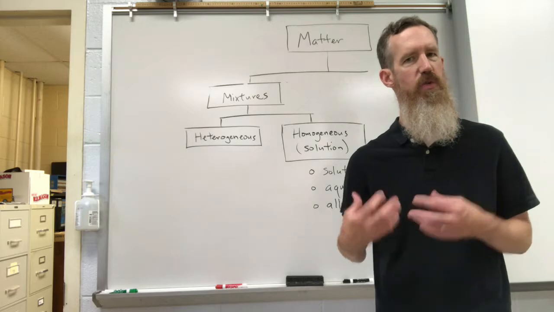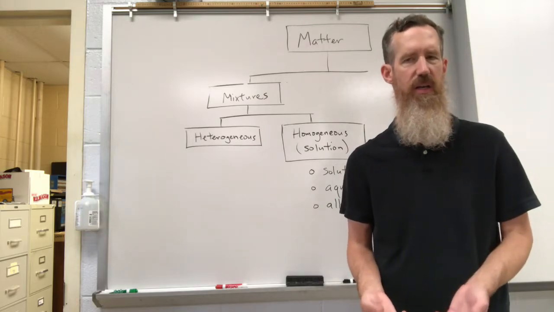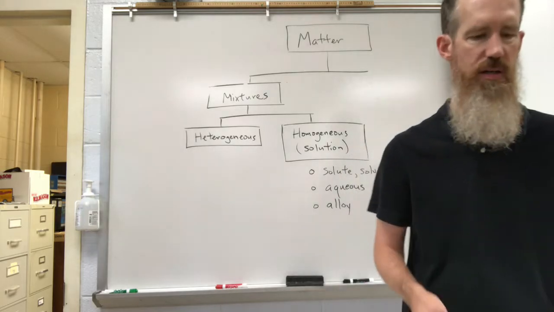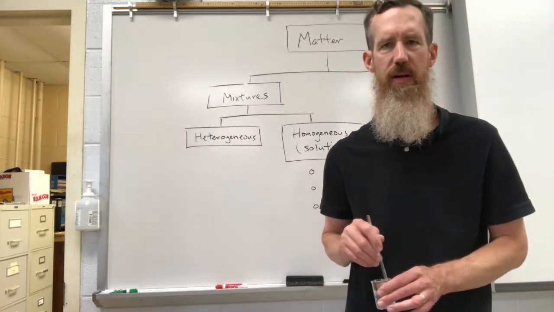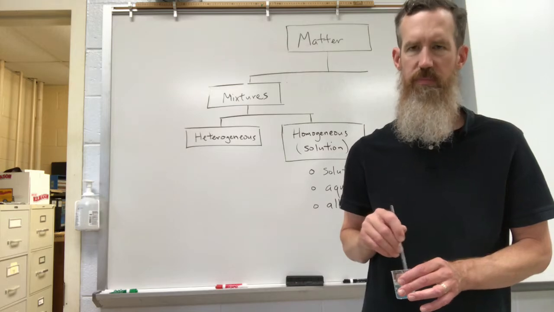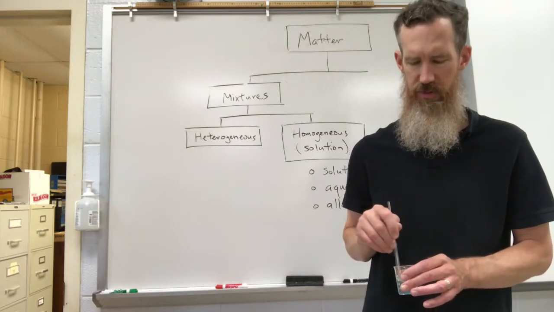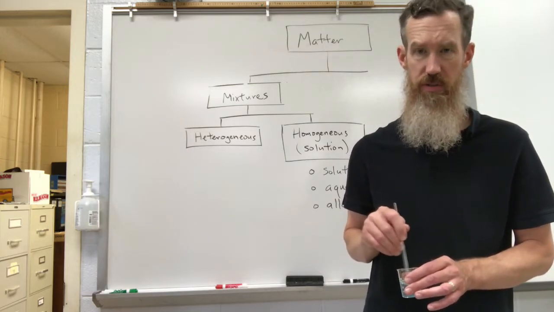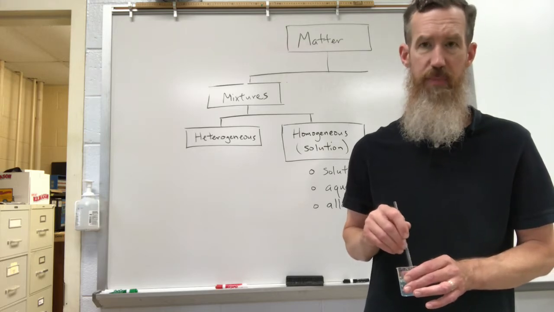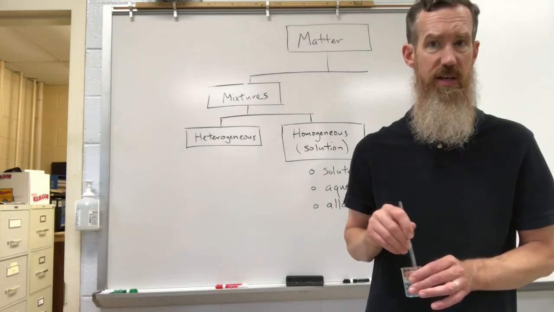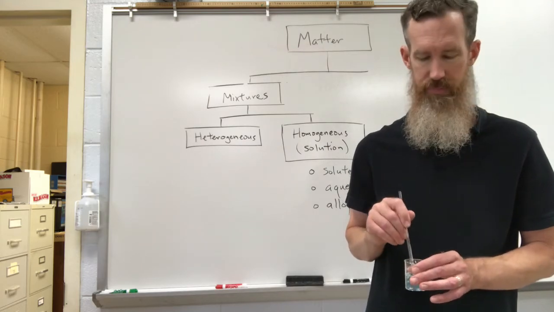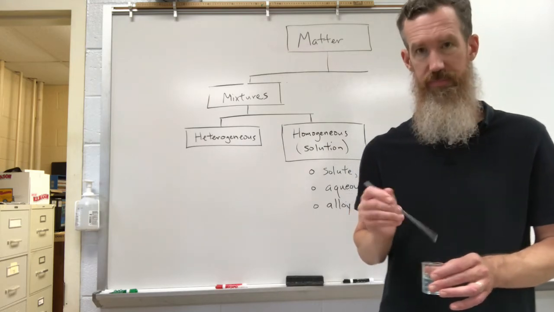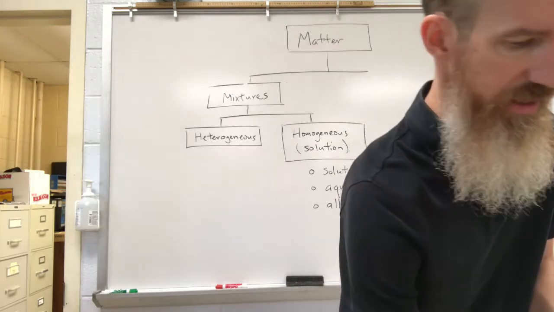Usually it's the material you have less of. And so in these two cases with the copper sulfate and the sodium chloride in water, the salt and the copper sulfate, they were both the solutes. And in both of these cases, the solvent is what's doing the dissolving. The solvent is water in both of these cases.